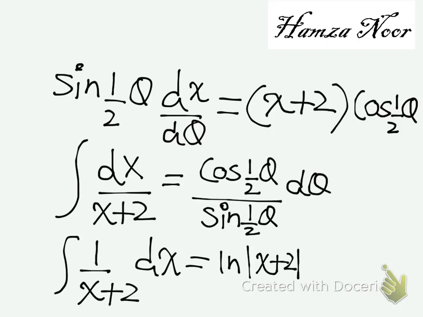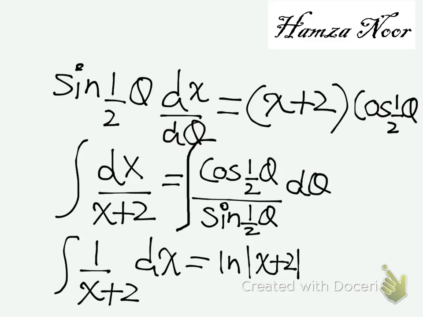Another thing, I just forgot to put an integral sign here. Always remember that whenever we are just about to do the process of integration, you have to put the integral and the respective dx or d theta or dy.